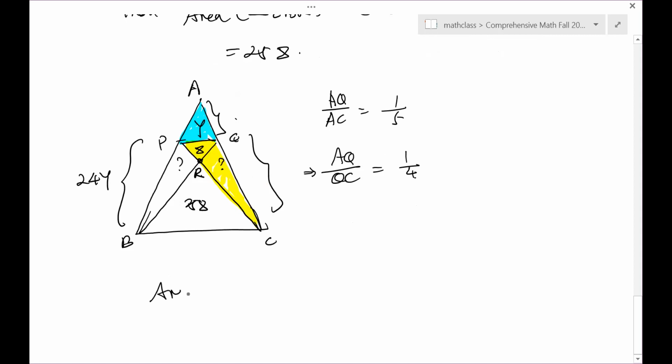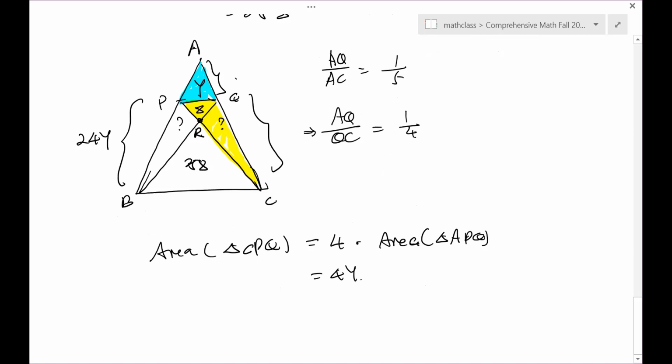So the area of the triangle CPQ, the yellow one, should be 4 times the area of the triangle APQ. So it's going to be 4y. The yellow one is 4y, and by the same reason, this part on the other side is also 4y.